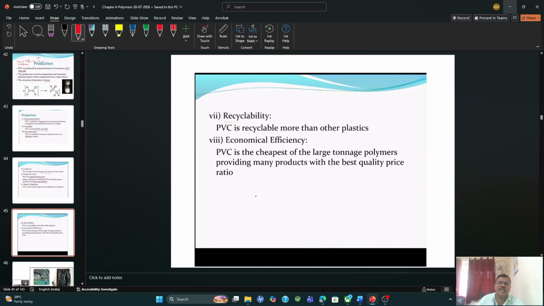Recyclability: PVC can be recycled because it comes under the thermoplastics. Economic efficiency: PVC is the cheapest polymer compared to the other polymers.